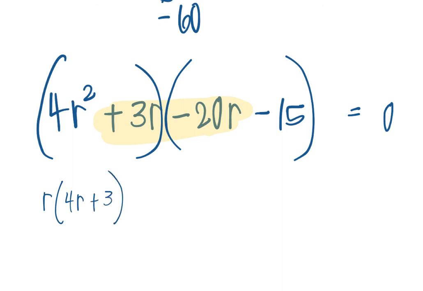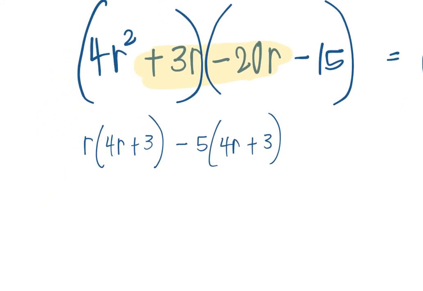And in the second binomial of negative 20r and negative 15, first of all, that 20 is negative, right? So that leading coefficient is negative. I'm going to pull out a negative. And 20r and 15 have a 5 in common. So if you pull that out as your GCF and divide that out, you are left with, okay, negative 20r divided by negative 5 is 4r, and negative 15 divided by negative 5 is a positive 3.